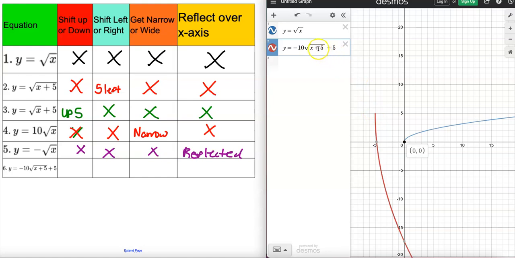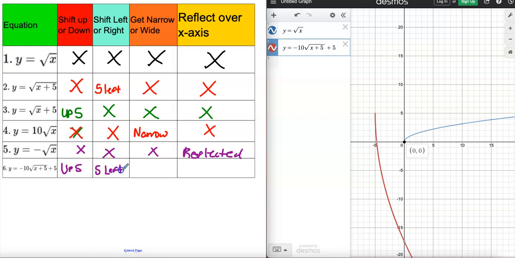These two numbers. Remember when we had the 5 under the square root, it caused it to shift left. Well, it still is going to cause it to shift left. The 5 on the outside of the square root caused it to shift either up or down. So in this case, we're shifting up 5 units, and we're also shifting 5 to the left.